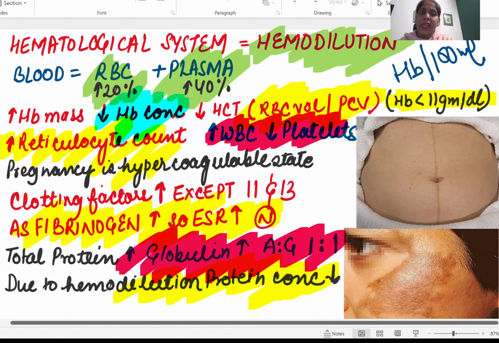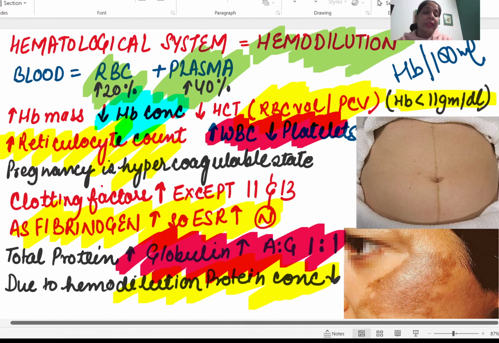I told you quite often it is asked which two factors decrease in pregnancy. All the clotting factors increase, but two factors decrease during the pregnancy. They were 11 and 13. And as the fibrinogen increases, it's very normal that in the pregnancy, if we check the ESR, it is high. It is around 50. Okay. So that was it.